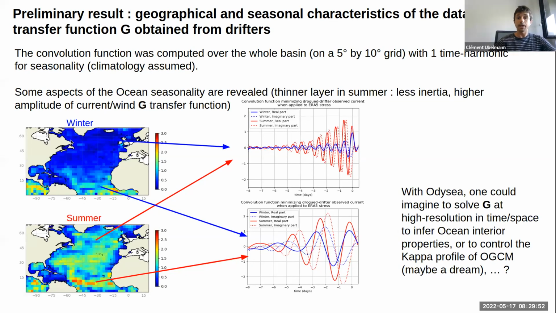So we can maybe open some perspectives: with Odysea, when we have almost constant observation of near inertial oscillation everywhere and wind, we could solve this G function at high resolution in time and space and tackle all the dependencies with the variation of the kappa profile for a numerical model, or maybe many applications. But this is perspective. I don't know if that's a dream or not.